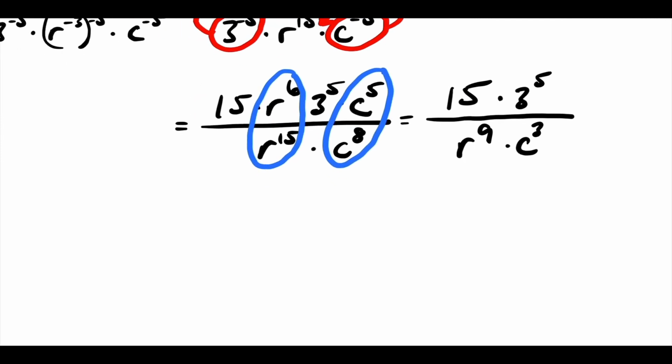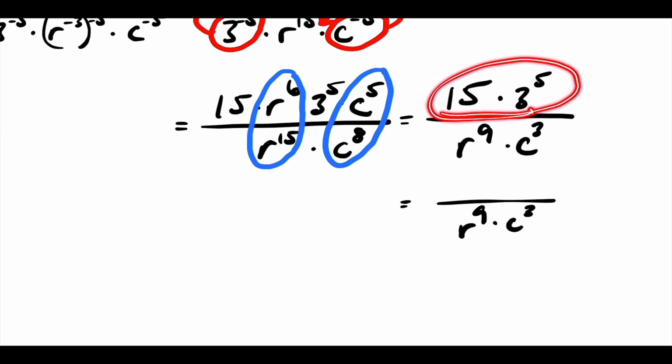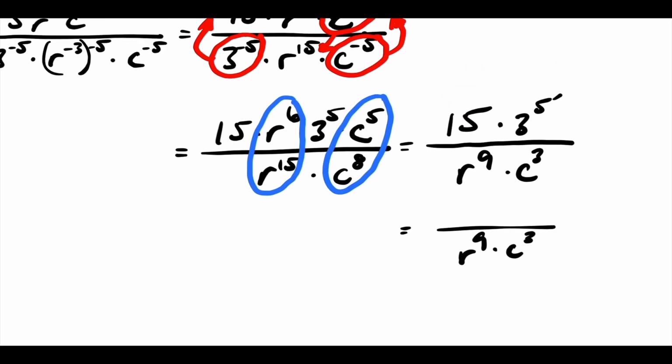Okay, last step. Bottom is going to stay the same since I don't have any C's or R's on top. The top over here, I can multiply this guy. 3 to the 5th is a number. 3 to the 5th is actually 243. Because 3 times 3 times, it's on the front of my page. It's on the front. It's one of the ones we did. So now I have 243 times 15.